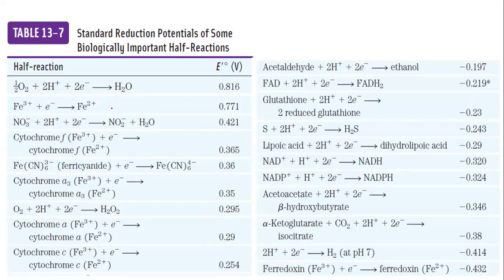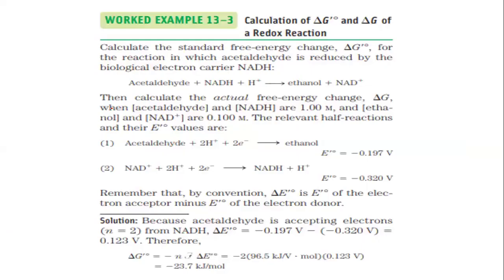So let's solve an example to get a better understanding of how to calculate the free energy change of an oxidation reduction reaction. Here we have been asked to calculate delta G naught for the reaction in which acetaldehyde is reduced by the biological electron carrier NADH.